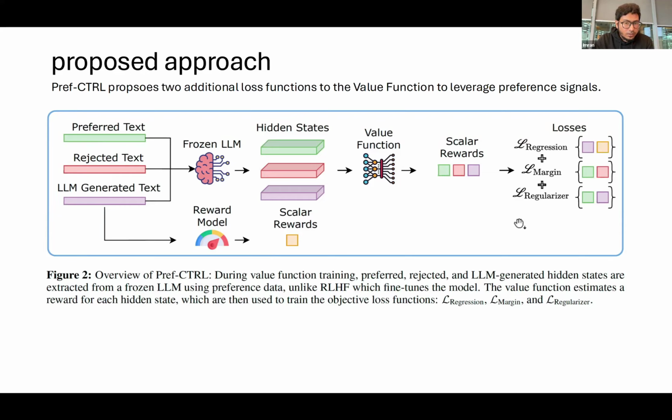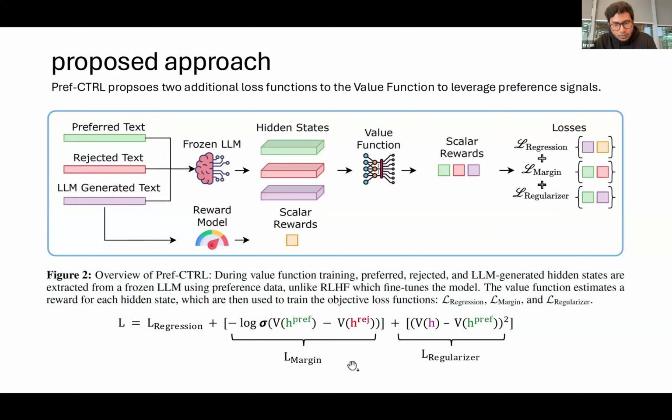So what are these losses? The margin loss is basically the log sigmoid of the preferred value function output and the rejected value function output. So h_pref is the input hidden state from the preferred text, and h_rej is the hidden state for the rejected text.